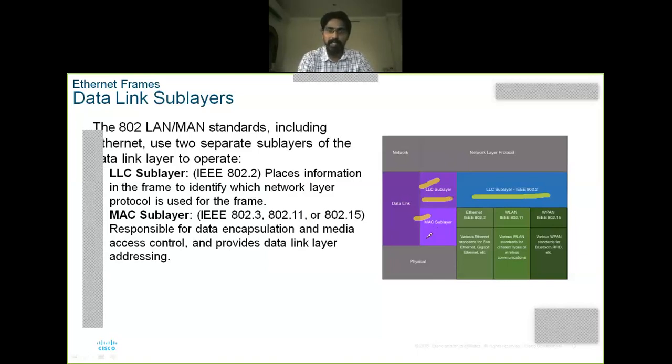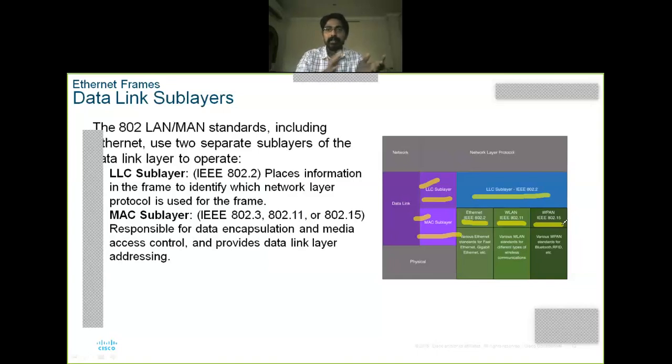Coming to the MAC sublayer, it works with different media types: wired, wireless, Bluetooth, like IEEE 802.3, 802.11. The MAC sublayer is responsible for data encapsulation of whatever frame is given by the LLC sublayer, and for media access control.